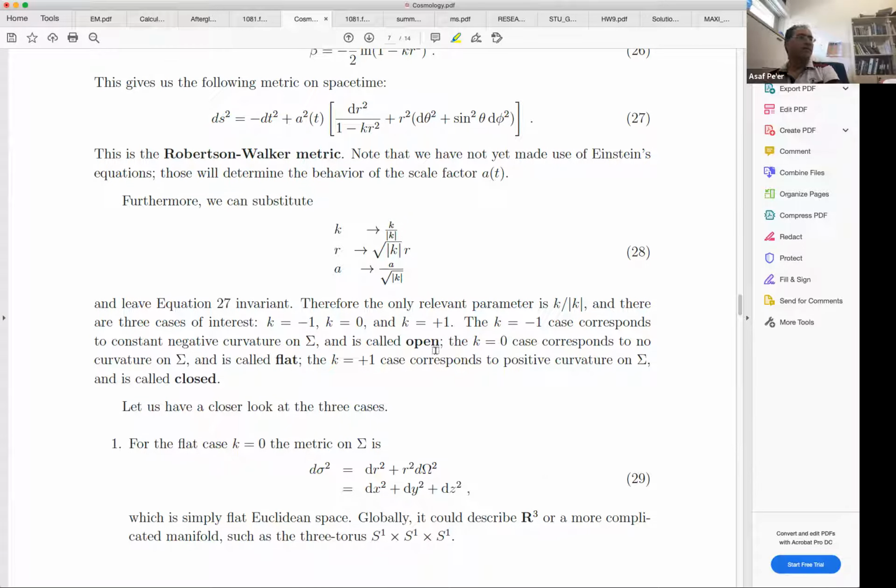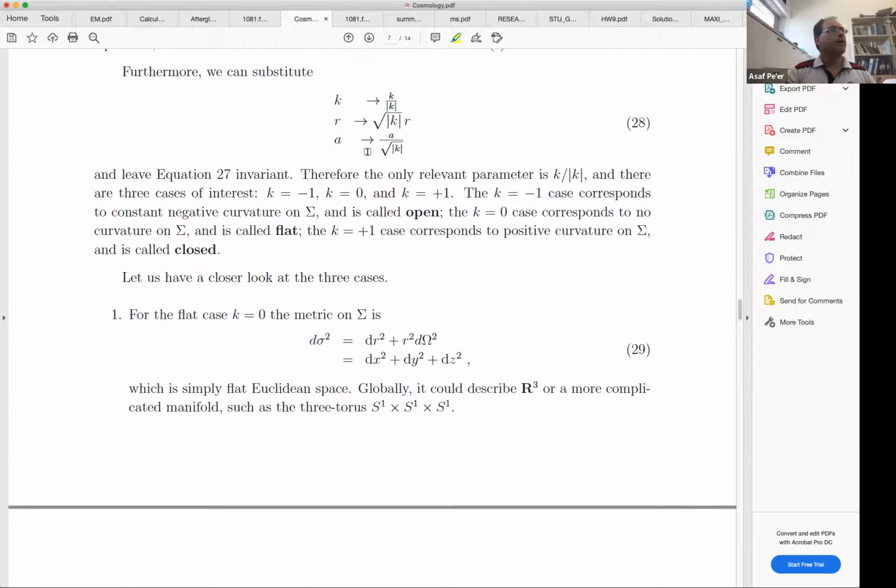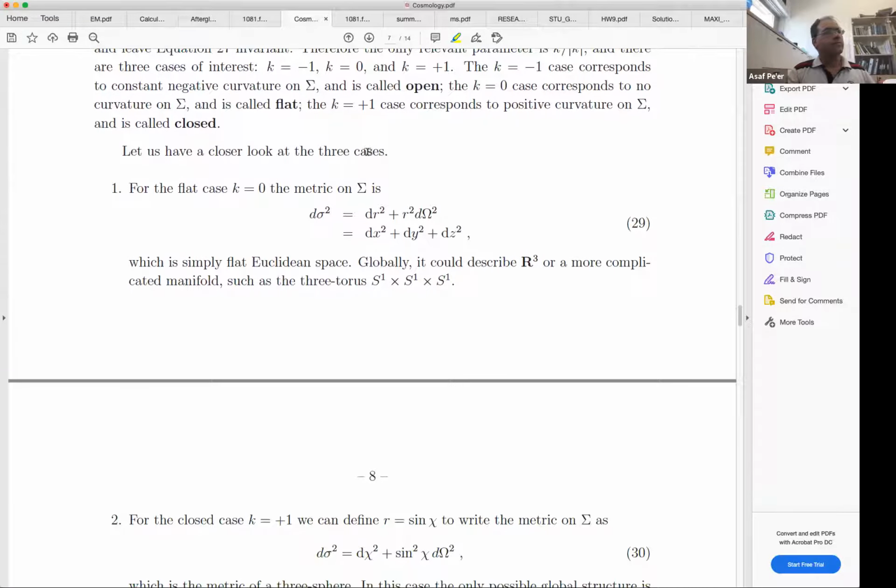Okay. Now, for the k equal 1, right, if we put k equal plus 1 here, then here we have dr squared divided by 1 minus r squared. Right? Now, this can be rewritten by changing coordinates yet again and writing down r is equal to sine chi.